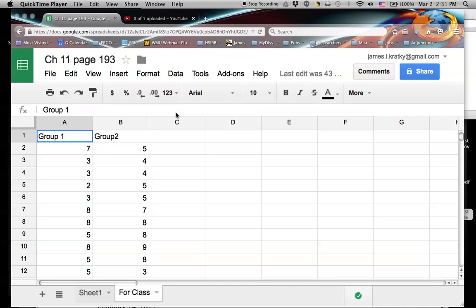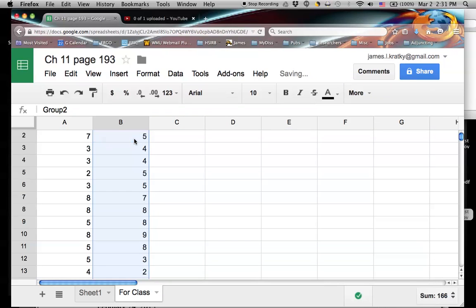Now, if you look at the data on page 193, all of group 1 data is put into 3 columns, as is the data for group 2. That's a format decision because it's printed in a book. When we go to run the test on our data, we're going to put all of group 1 data into one column by itself, and all of the group 2 data in a column all by itself.